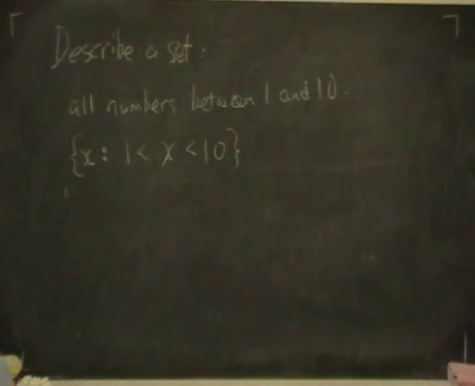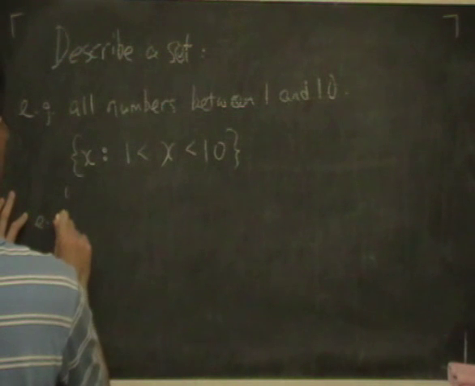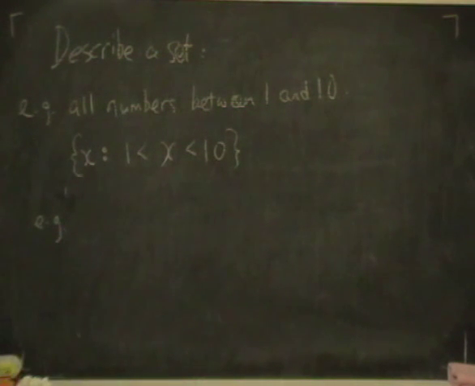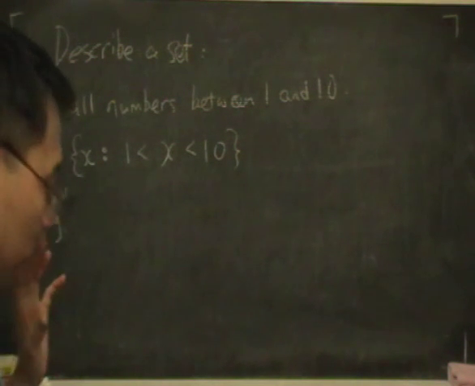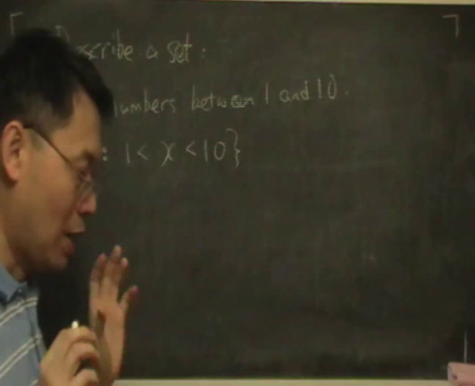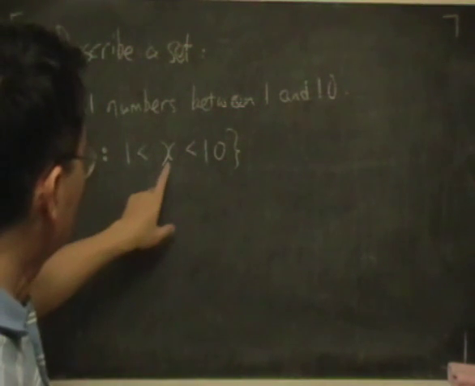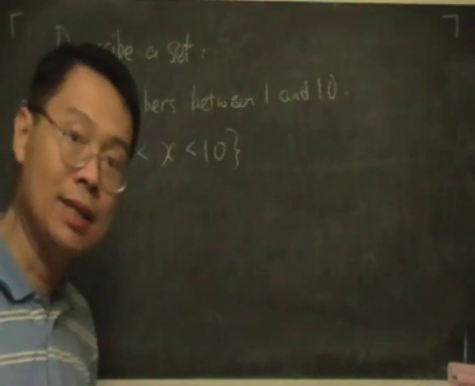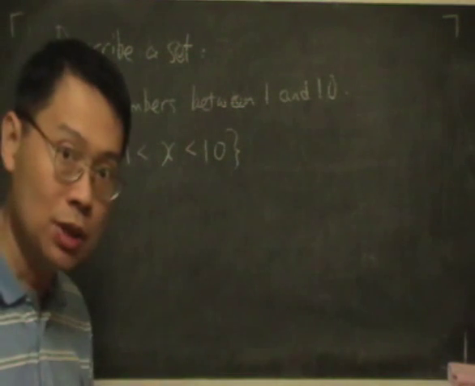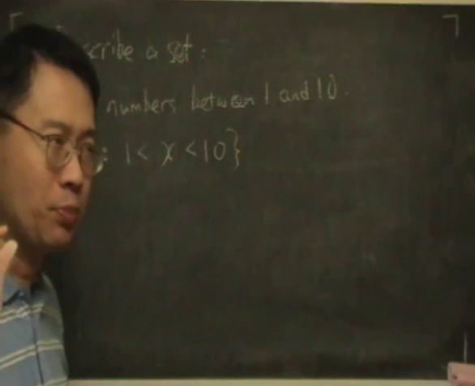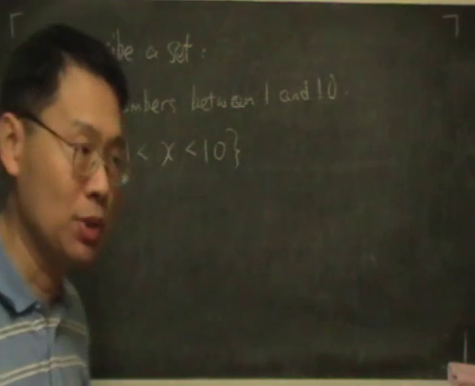So that's one example. Let's look at another example. Following on from this, I'm looking at X that is between 1 and 10 again. But this time I'm only interested in X that are positive whole numbers.